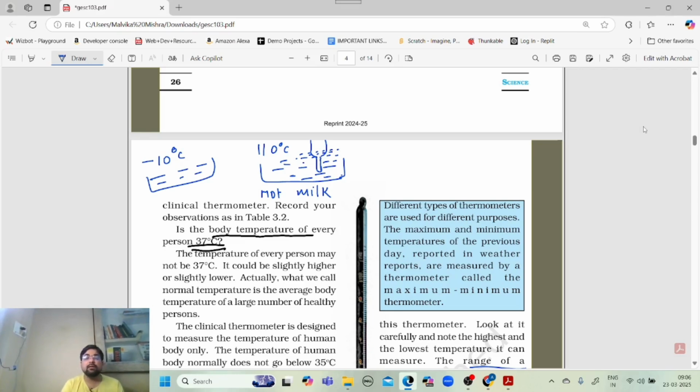And then we will watch the mercury level inside the thermometer. We will see that the mercury level moves up, but it will continue to fluctuate like this, right? And we will have to keep it in the upright position. We cannot just put it in any direction, right?